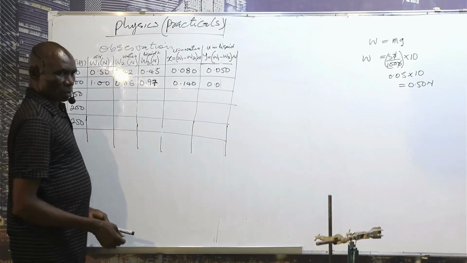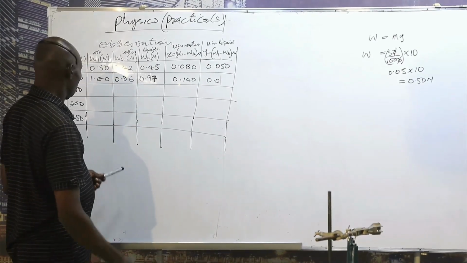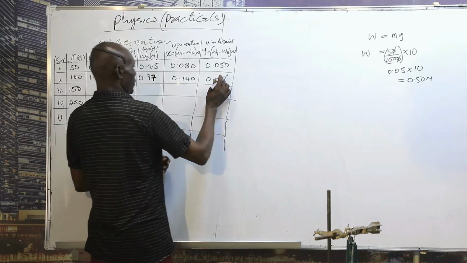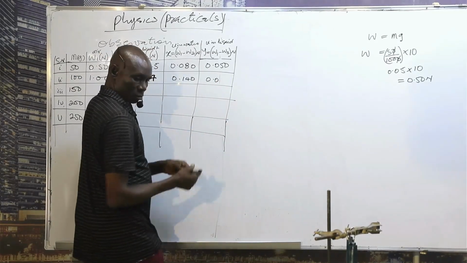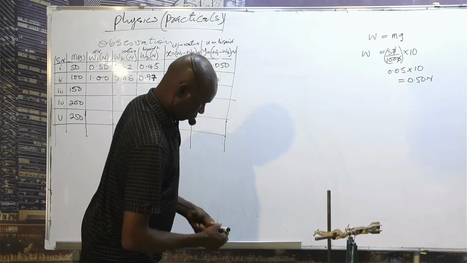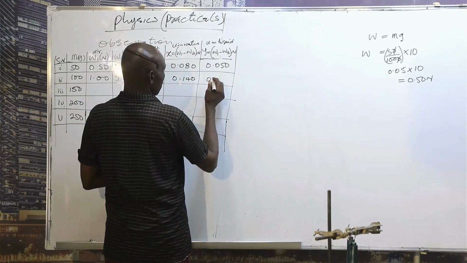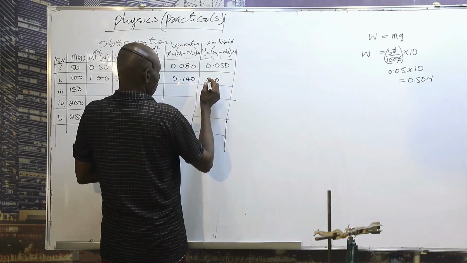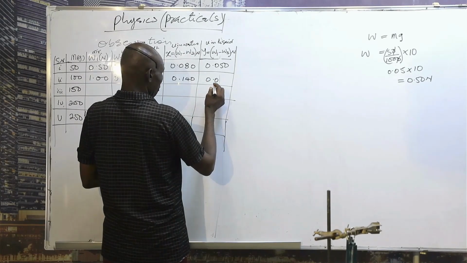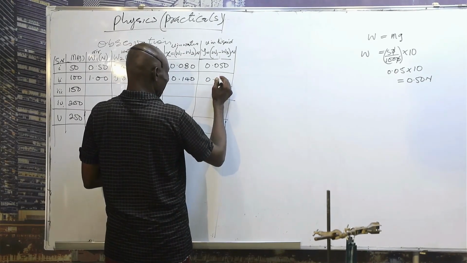So this is supposed to be what now? Zero point 0.030.